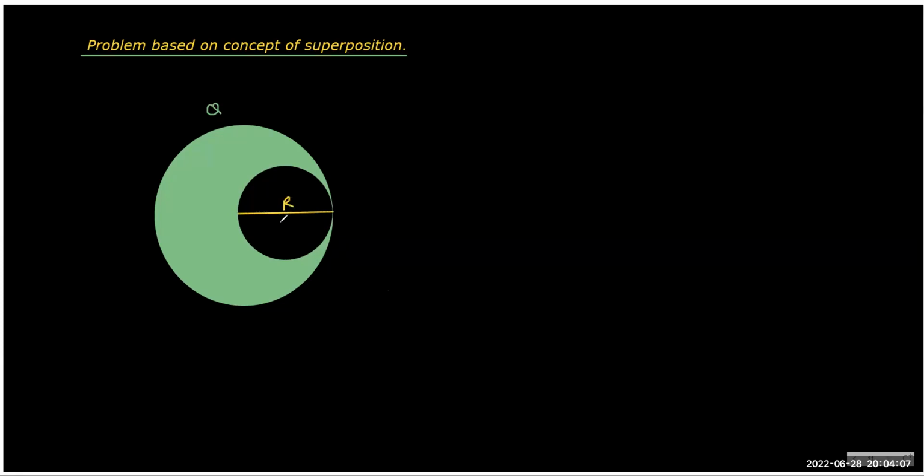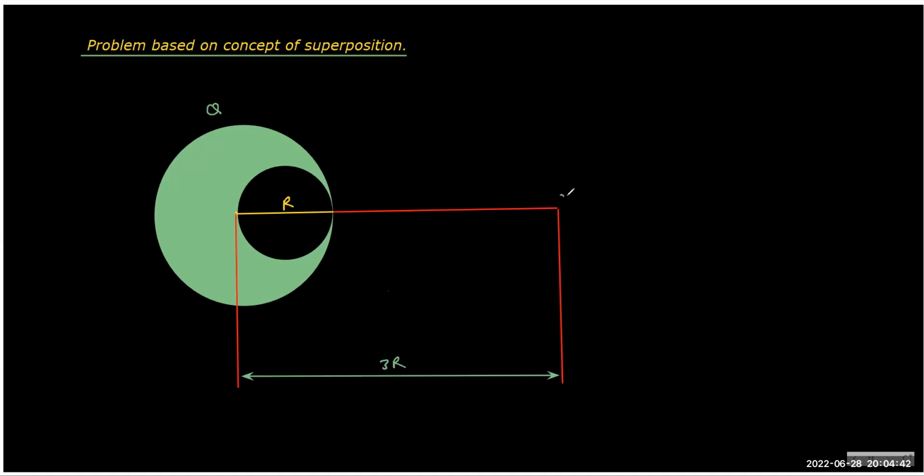This is exactly R of the big sphere, and there is a point charge. The distance of this point charge from this sphere is, let's call it, 3R, and the point charge, let's call it again Q. You can call it anything.